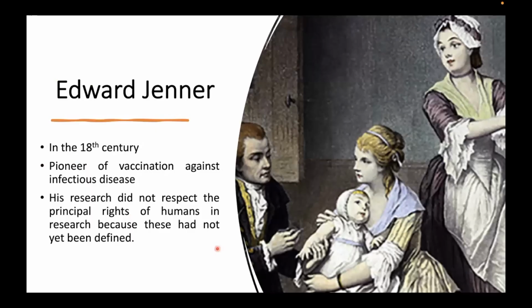Now, after Hippocrates came Edward Jenner, who is considered to be the father of vaccination. So please remember, it was Edward Jenner who was the pioneer of vaccination against infectious diseases. He was the one who discovered the smallpox vaccine. And please take note, during this time, his research actually did not respect the principal rights of humans.